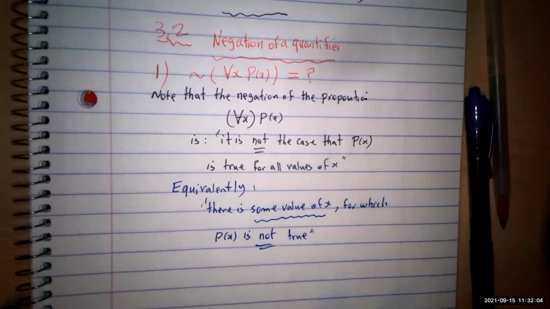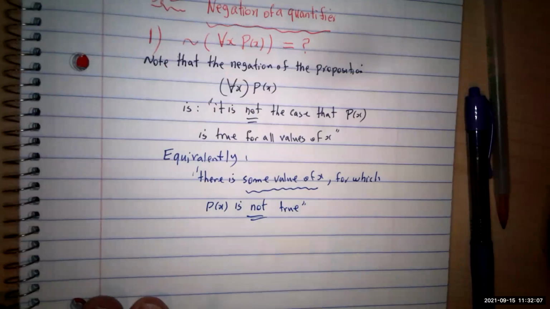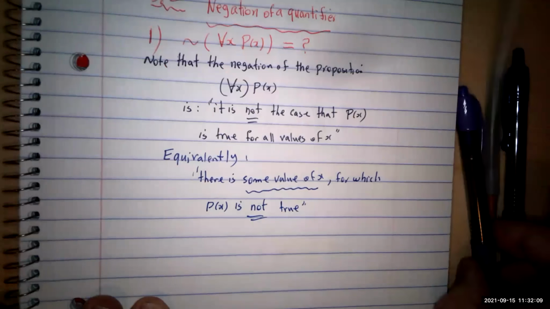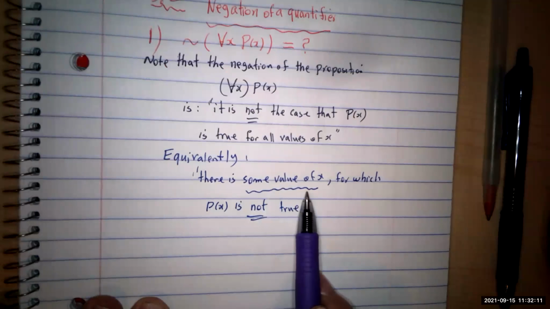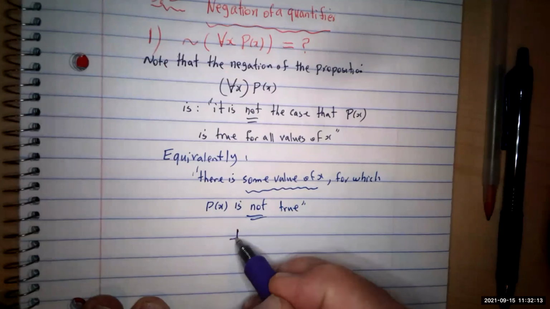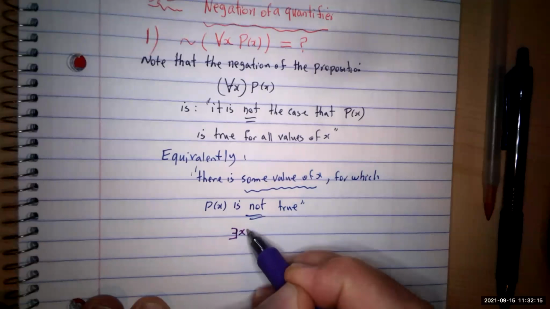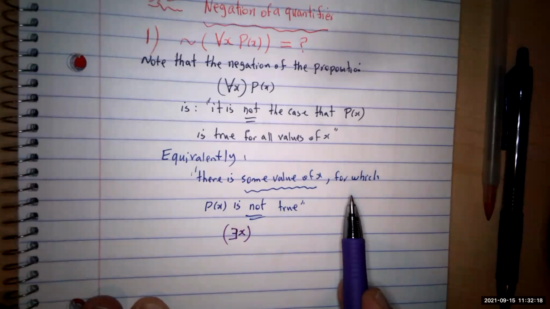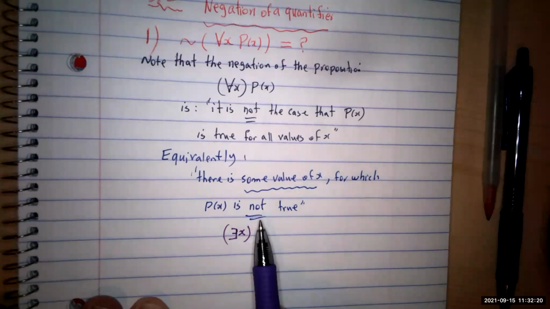See, these two statements are going to be the same as each other. So what does it mean? There is some value of x means there is an x. There is an x such that P of x is not true.